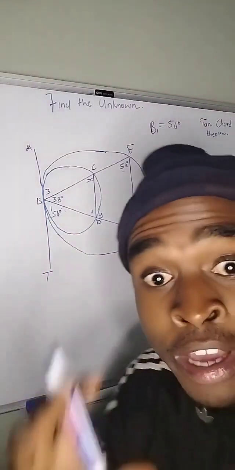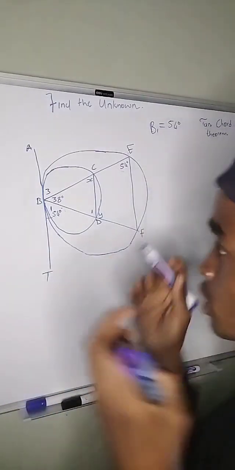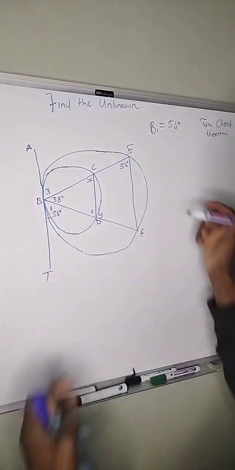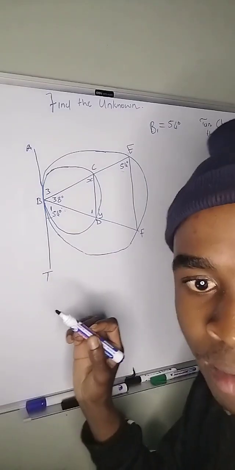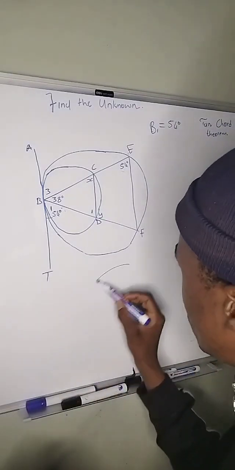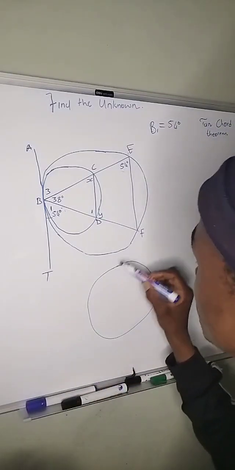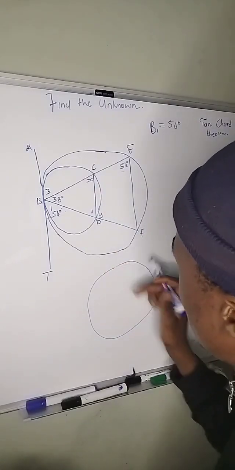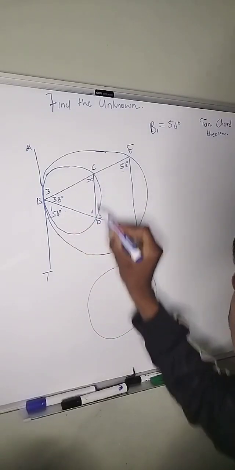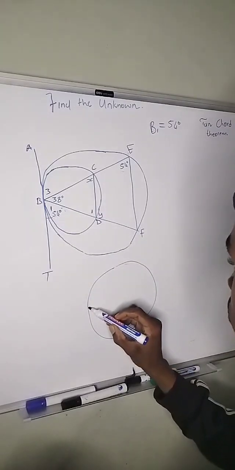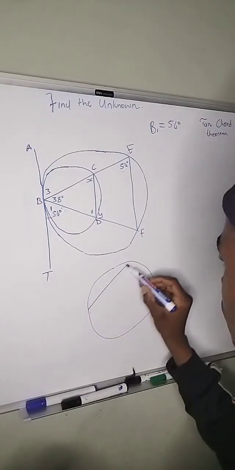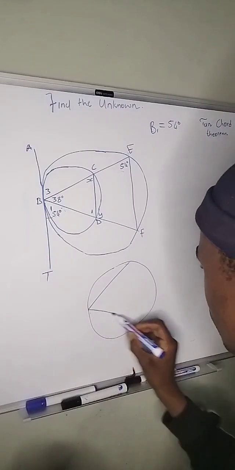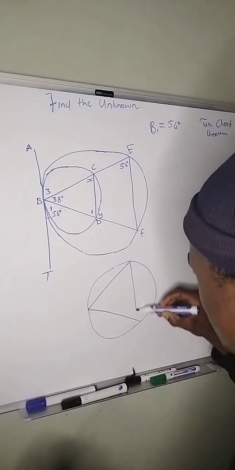Now, I'm going to extract the small circle. Let's take out the small circle, and I'm going to draw this small triangle. This is going to be va and va and va.